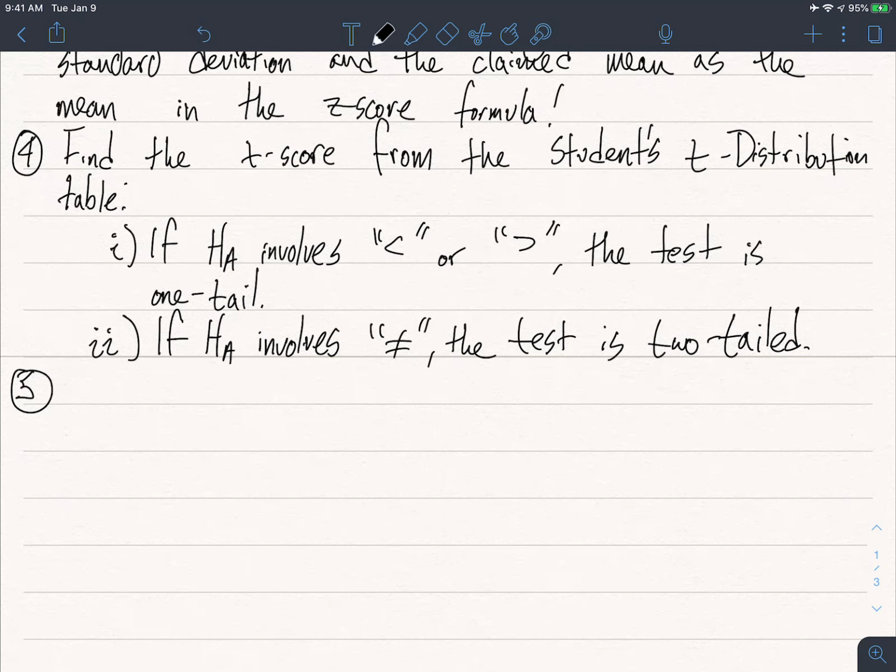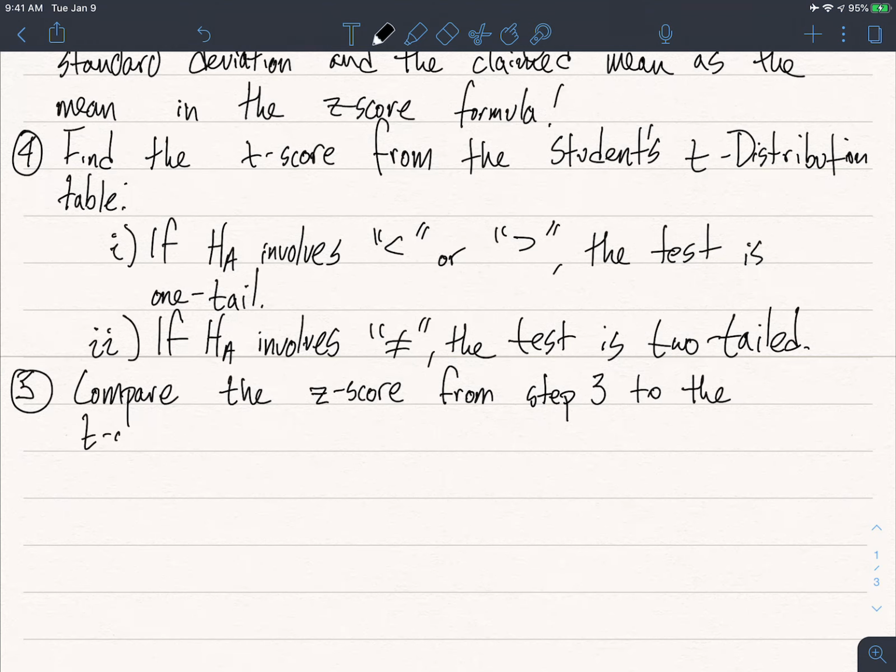Step 5, compare the z-score from step 3 to the t-score from step 4.